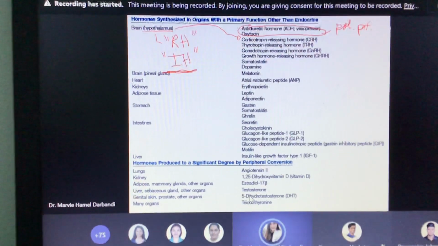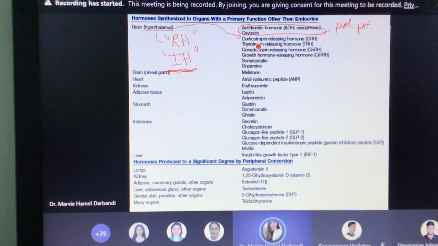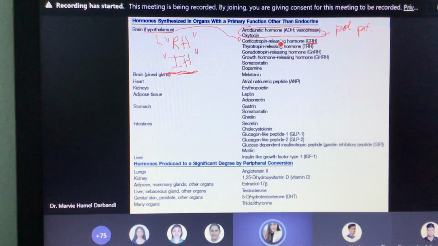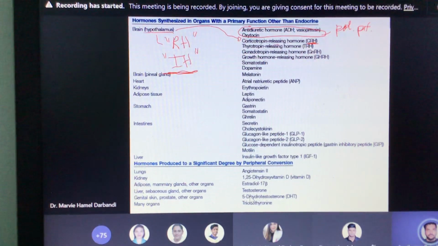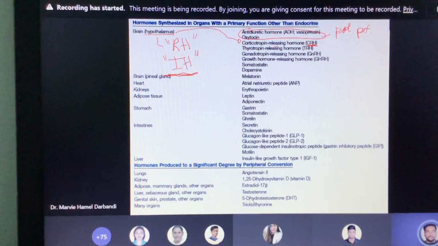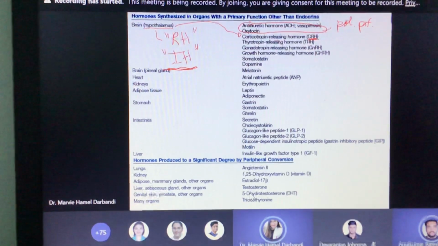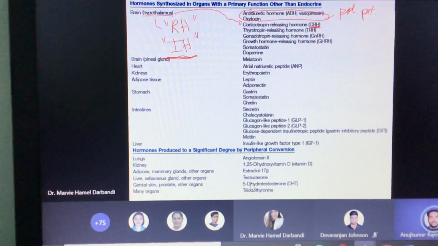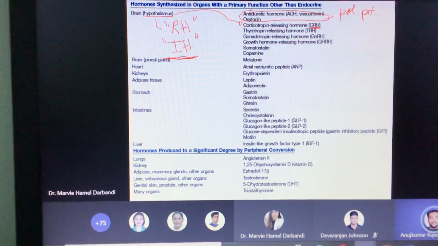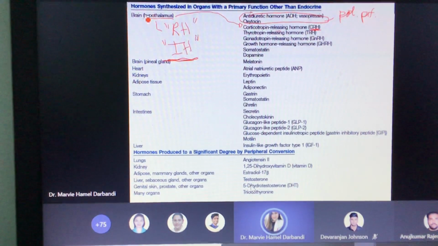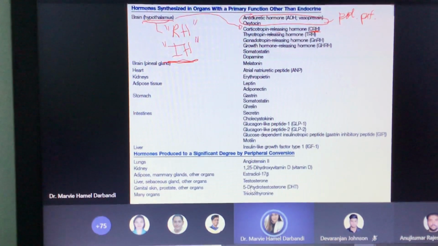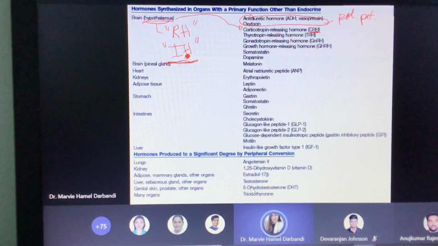So the hypothalamus starts here. See this, corticotropin releasing hormone. There is an R. You always remember this, hypothalamus, always there is RH or IH.